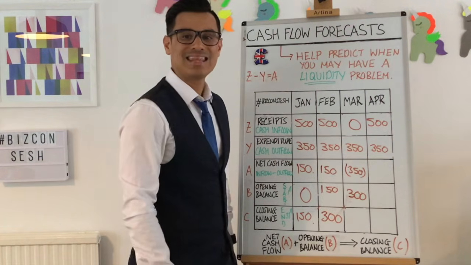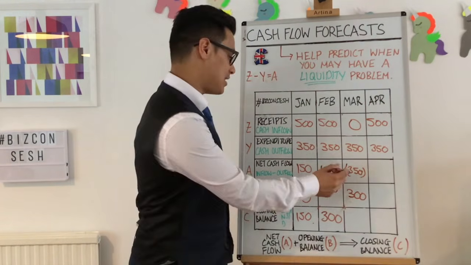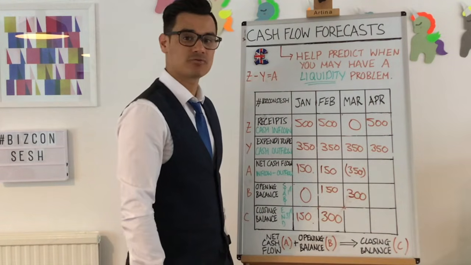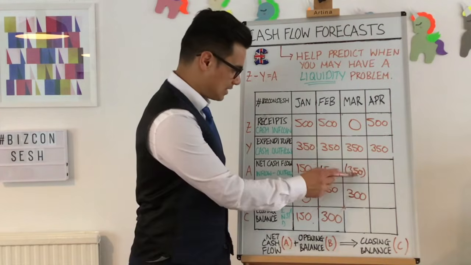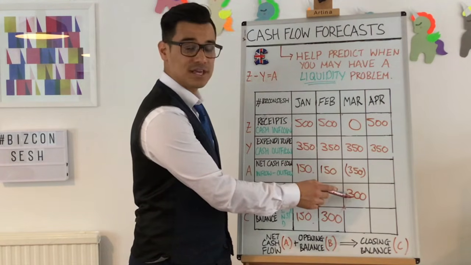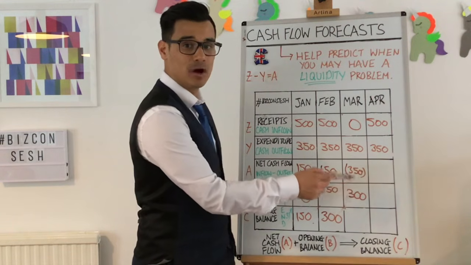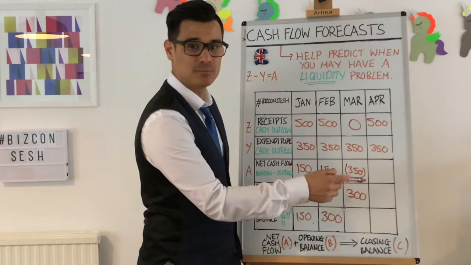Now we need to calculate the closing balance for March. So we take the net cash flow, that is minus 350, and we add it to your opening balance. So minus 350 plus 300 is minus 50. Minus, so it therefore goes in brackets.